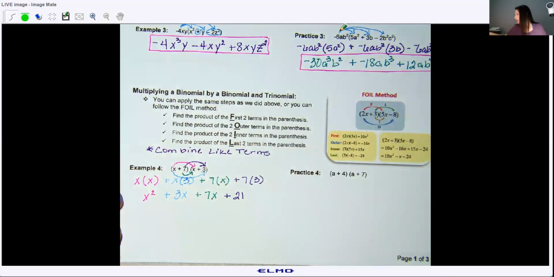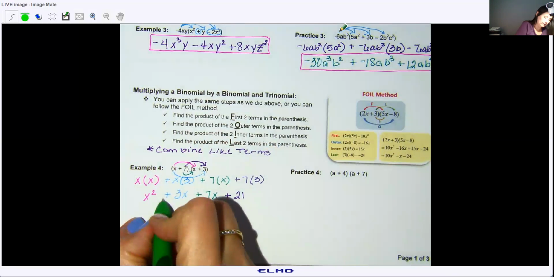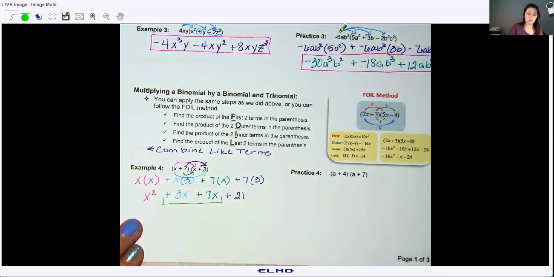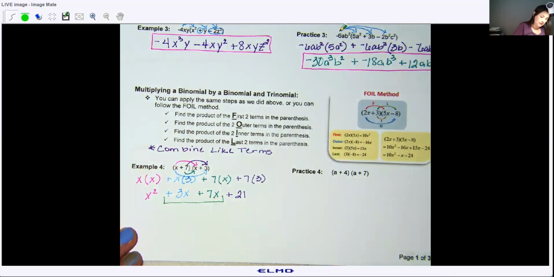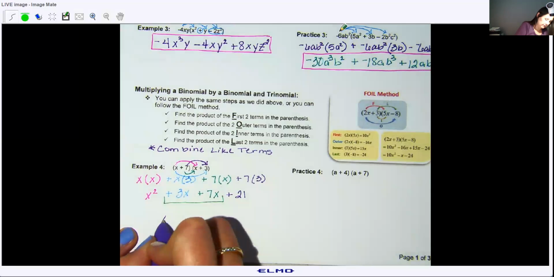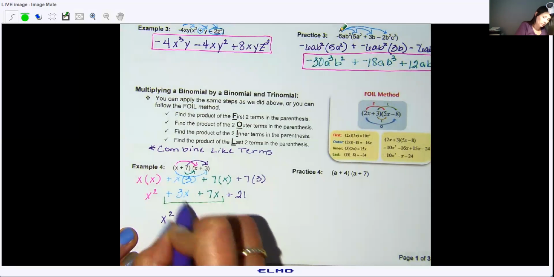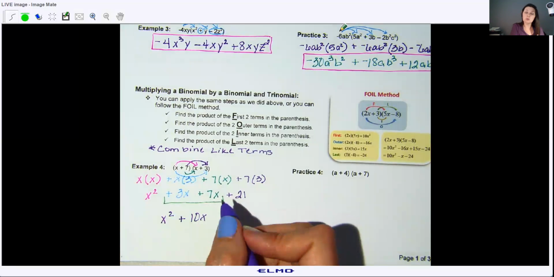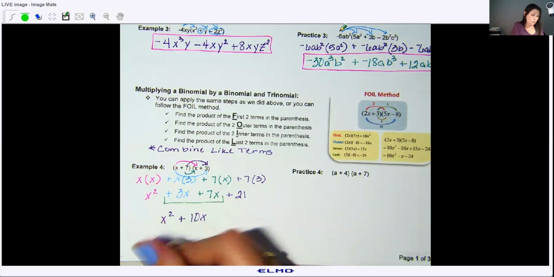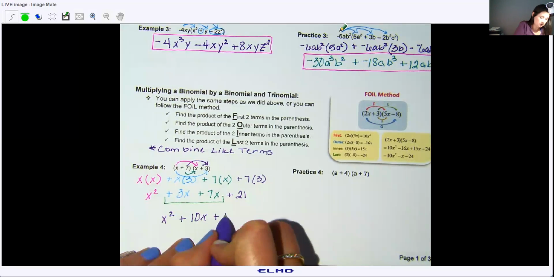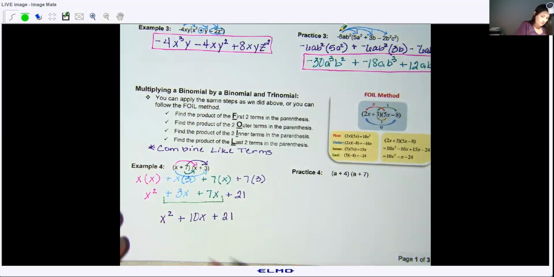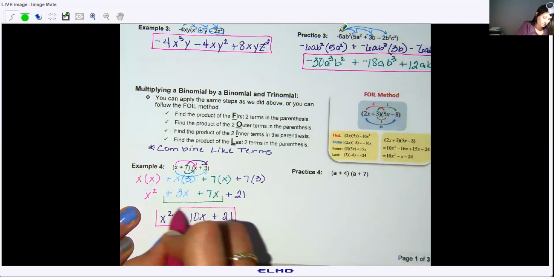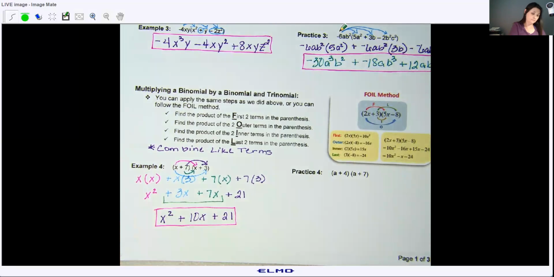Because in this problem right here, we have two terms that are alike that we can add together, your 3x and your 7x. So we're going to put those together in a final answer of x squared plus 3 plus 7 is 10, so 10x. And we're not adding up the exponents. You only do that when you're multiplying with exponents. So that just stays as x plus 21. And that is how you do that one.